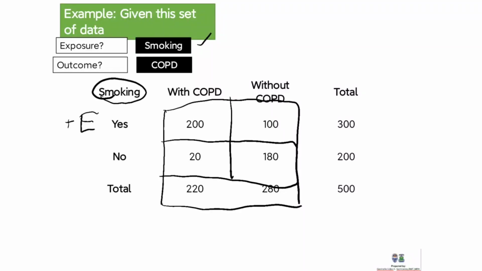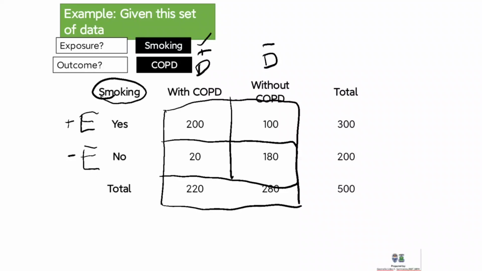They are exposed. And then, yung mga non-smokers, they are unexposed. Okay. The disease outcome naman would be with COPD and without COPD. So, this will be positive disease and then negative disease.